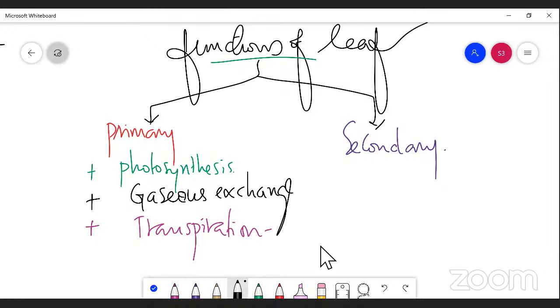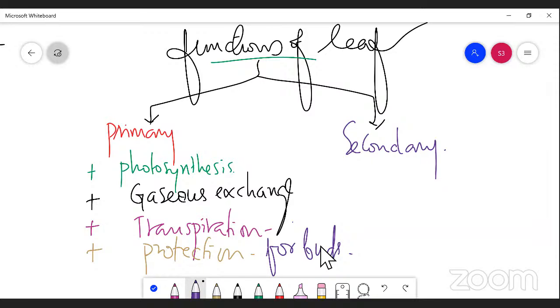It also performs protection for buds. So these are the primary functions of leaf. I repeat again.